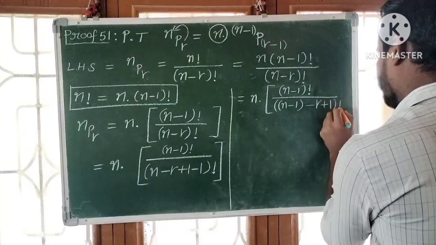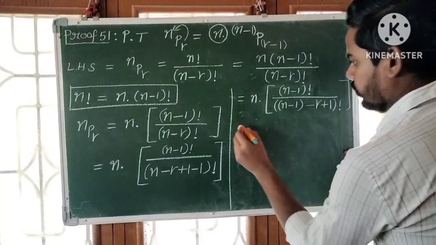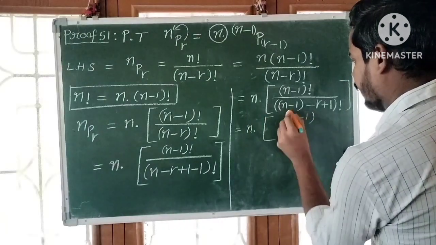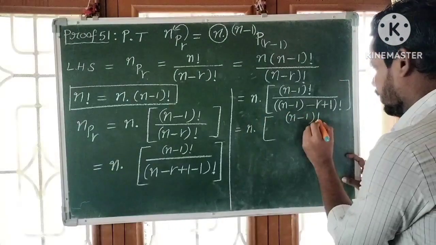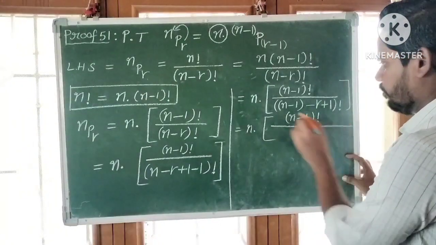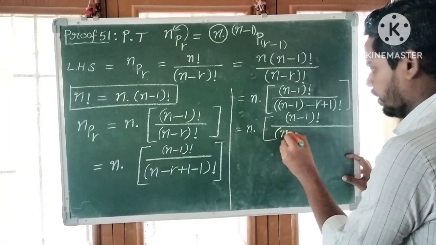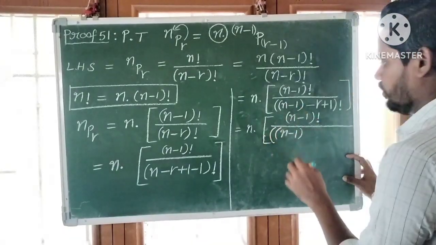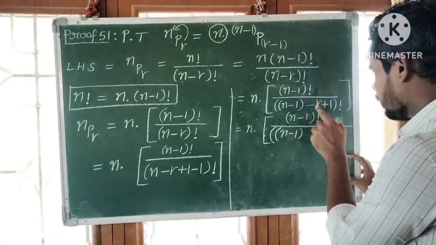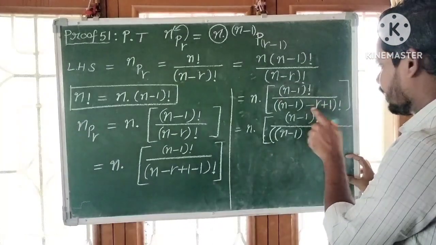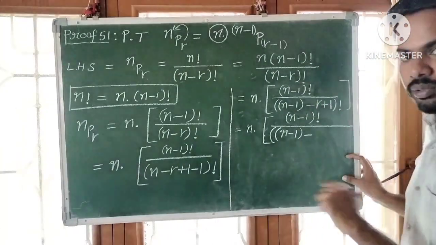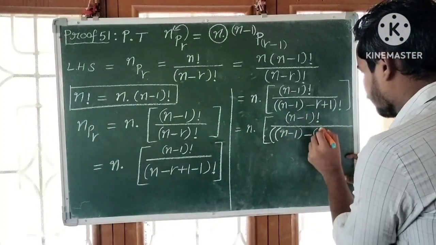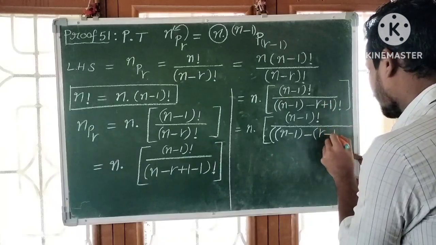Whole factorial. Next, n into n minus 1 factorial divided by n minus 1 overall in parenthesis, minus r plus 1. Take minus common here. If you take minus common, negative r becomes positive r, positive 1 becomes negative 1.